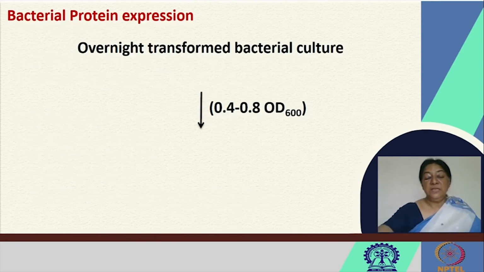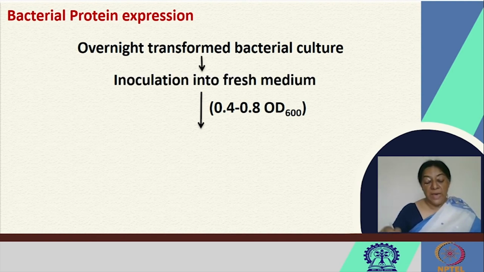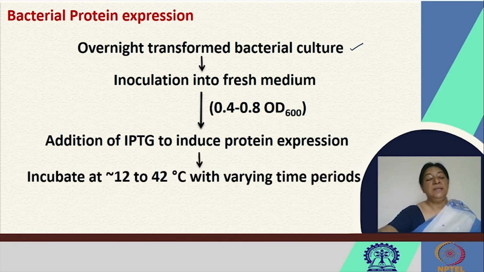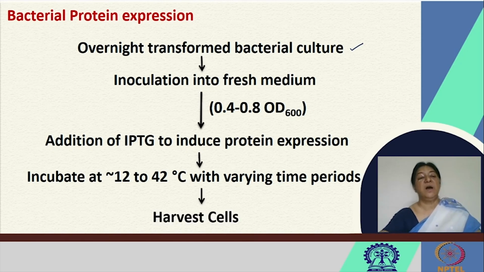If we look at bacterial protein expression, we have an overnight transformation of the bacterial culture, the inoculation into fresh medium, and the addition of IPTG to induce protein expression. We will see how that is performed. The incubation takes place from 12 to 42 degrees centigrade with varying time periods, following which we can harvest the cells that now have our protein of interest.